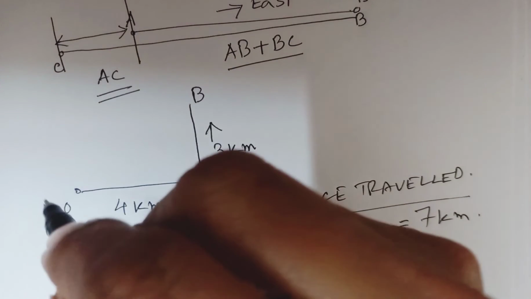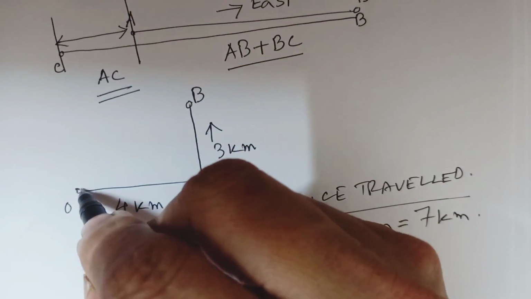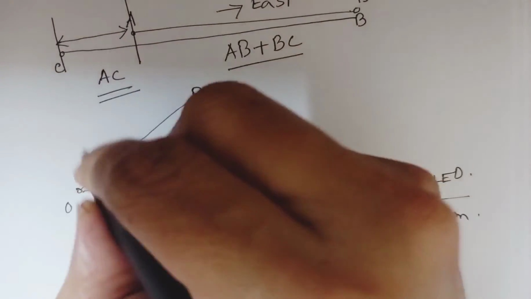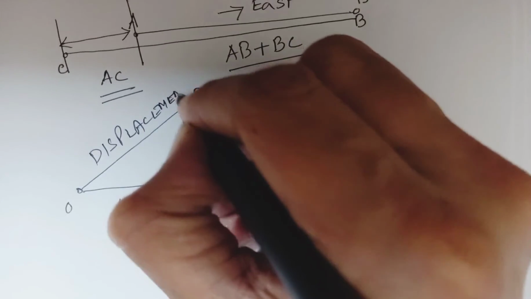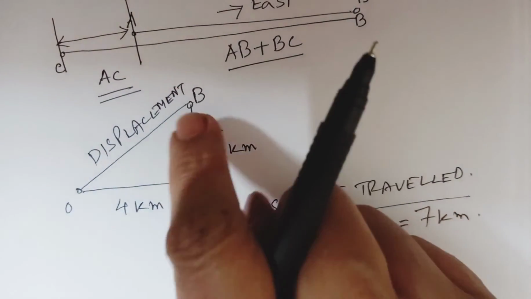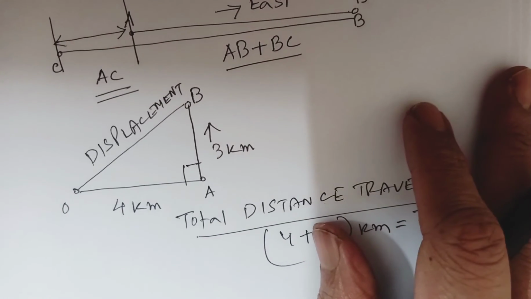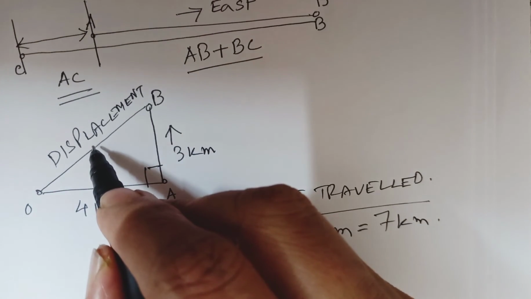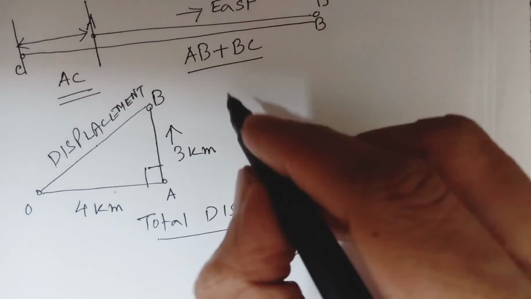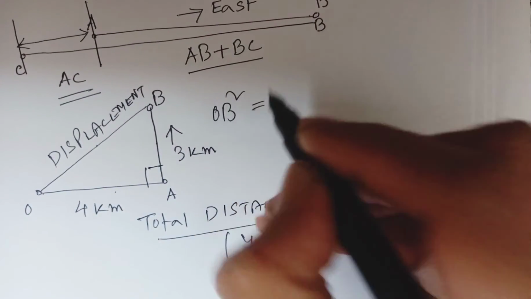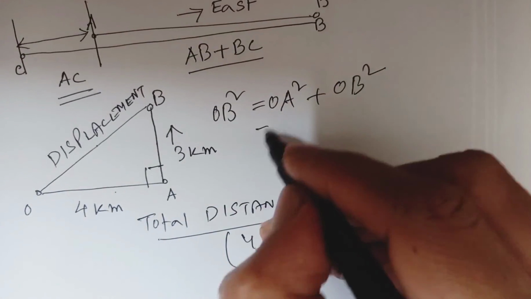Now this is the initial point and this is the final point. So if I join these 2 points OB, this is basically the displacement. Now how to find the displacement? This is a right angle triangle, right angle at the point A. According to Pythagoras theorem, this is hypotenuse, this is base, and this is perpendicular. So OB square will be equal to OA square plus AB square.